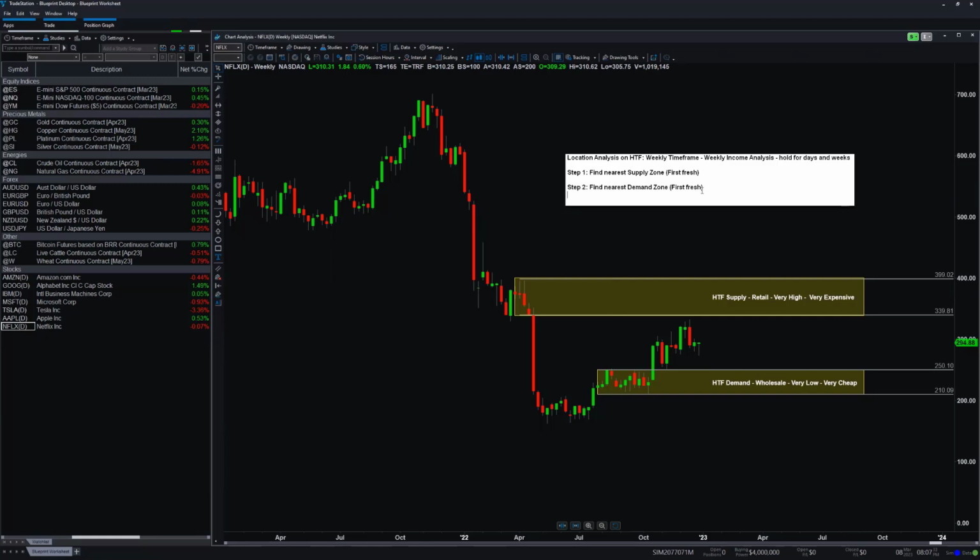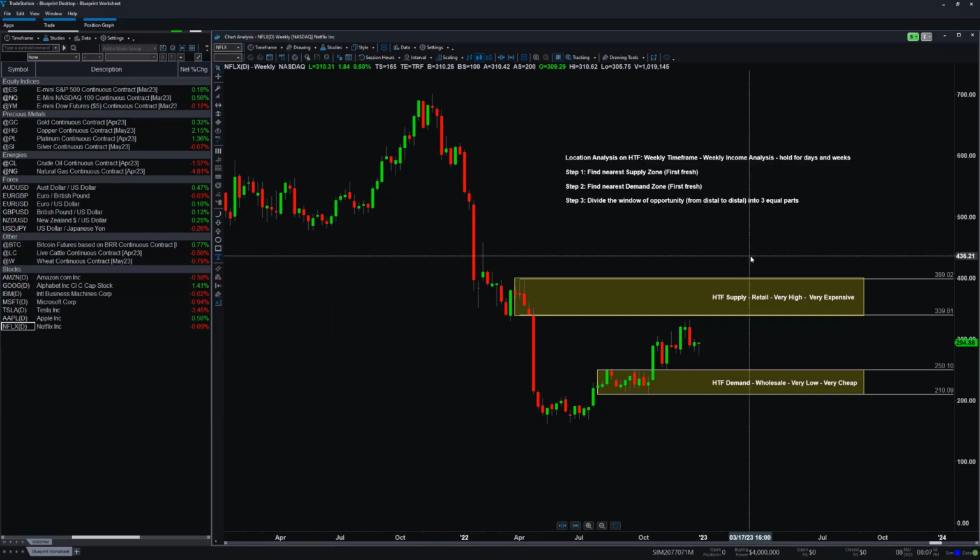So now divide the window of opportunity, and that is from distal to distal, into 3 equal parts. How can we do that?